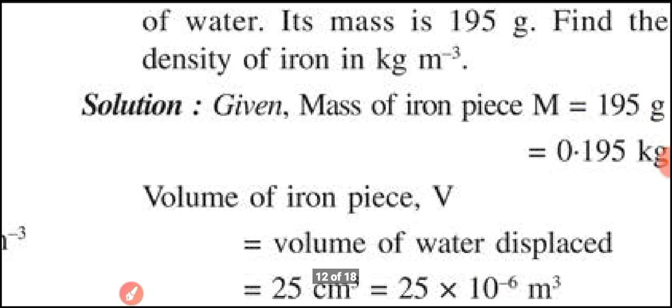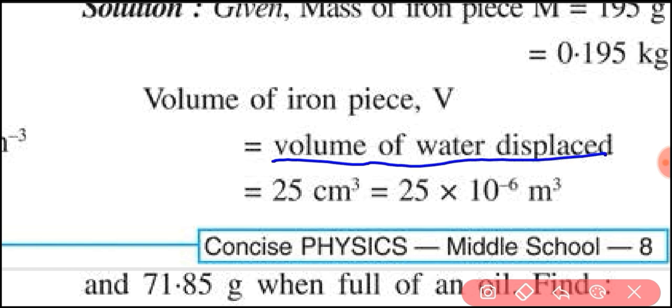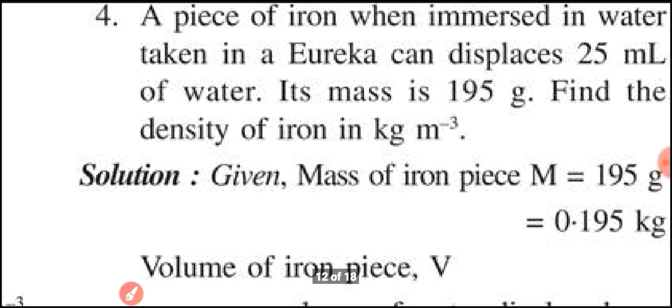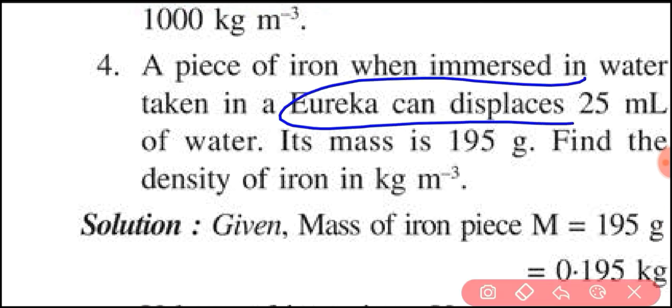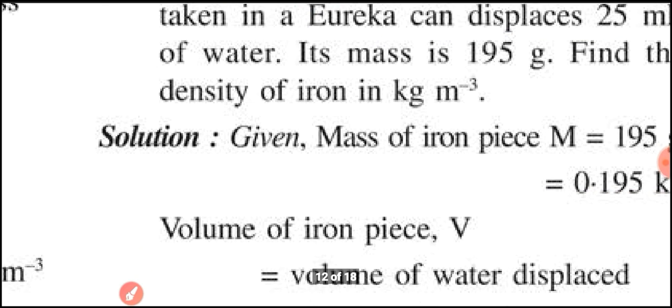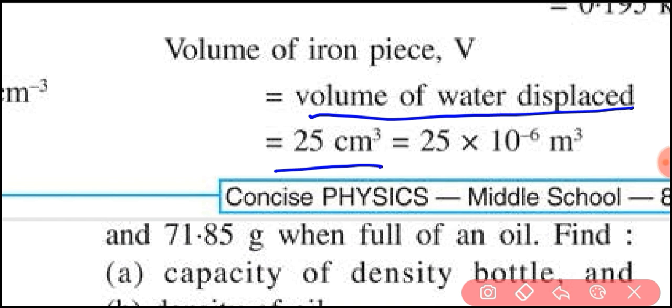Volume of iron piece V is equal to volume of water displaced. That is already given in the question, 25 ml. So the volume of iron piece V is equal to volume of water displaced, that is equal to 25 centimeter cube, that is equal to 25 into 10 raised to minus 6 meter cube.